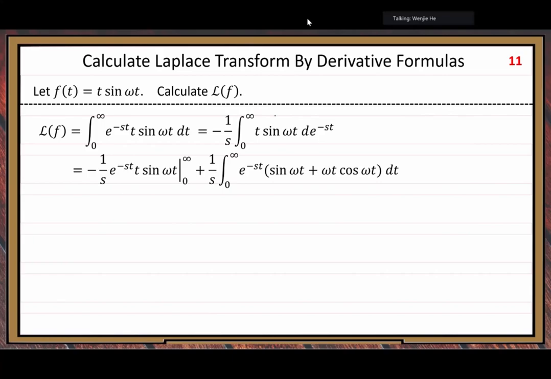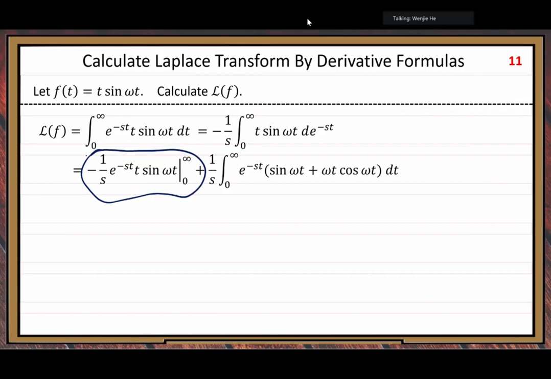Can you see this first term must vanish? Yeah, the first becomes 0.